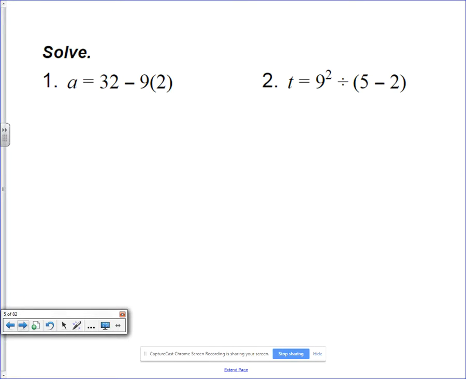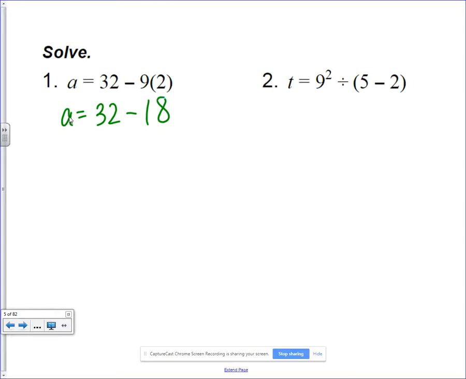Multiply, which gives you, what is 9 times 2? Okay, now subtract, and what do you get for a? 14. So, if I plug in 14, it will make a true equation.